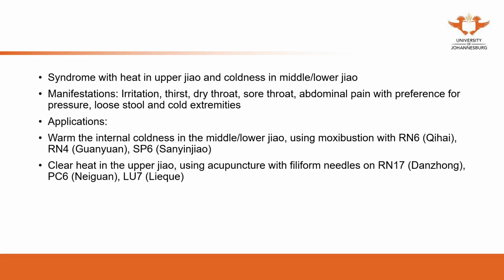All these indicate heat in the upper jaw but internal coldness in the lower jaw. So we can use moxibustion on ren 6, ren 4, and spleen 6. To clear the heat in the upper jaw, you can use ren 17.